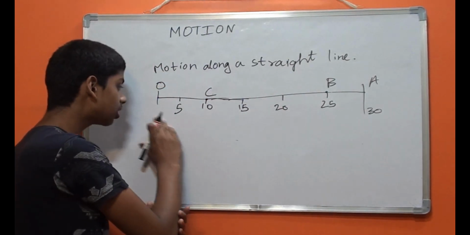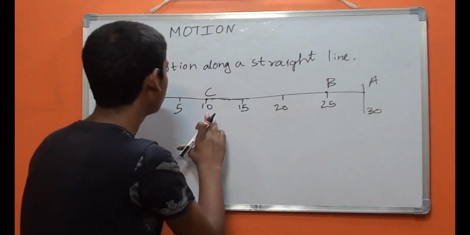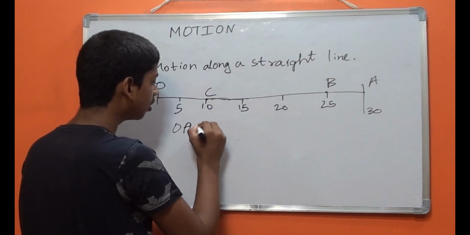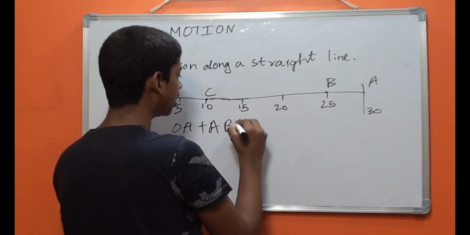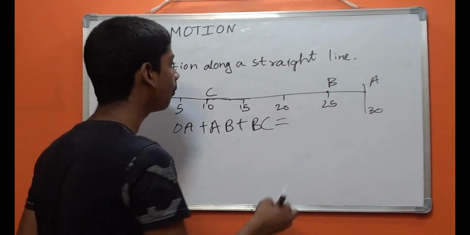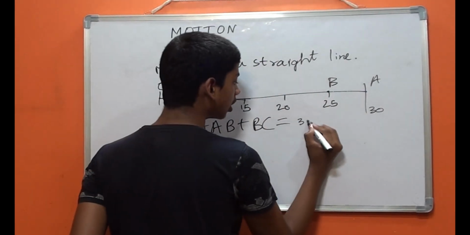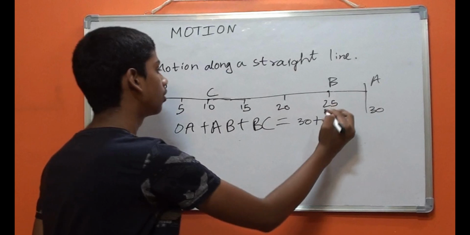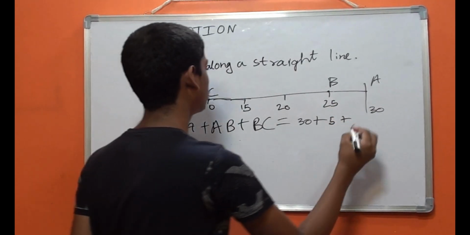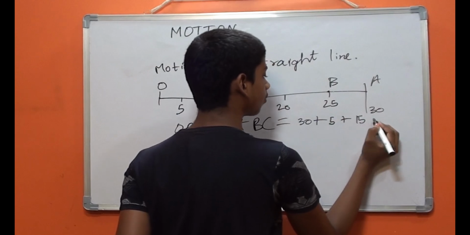Now here, what is the total distance? The distance would be OA plus AB plus BC. The total of these three would be 30 kilometers plus 5 kilometers plus 15 kilometers.